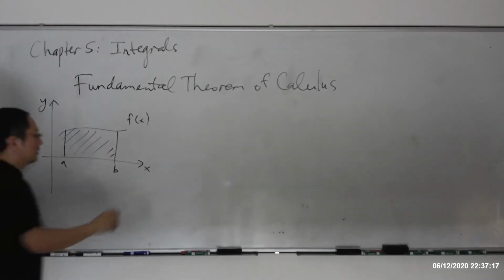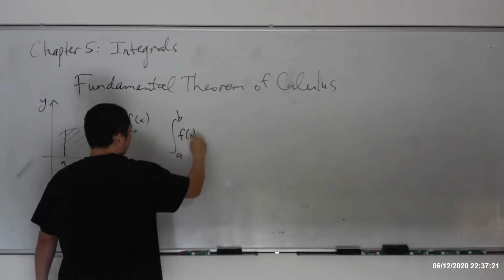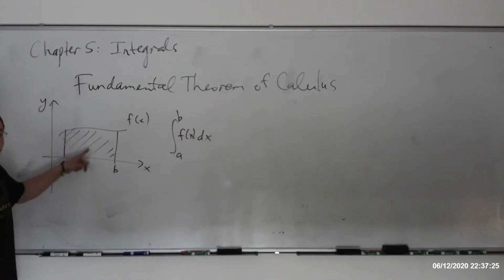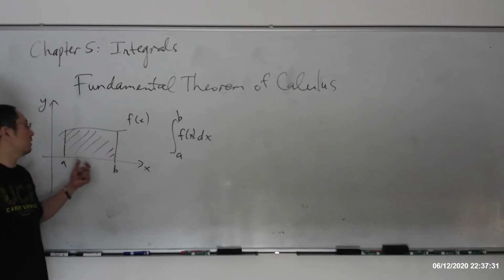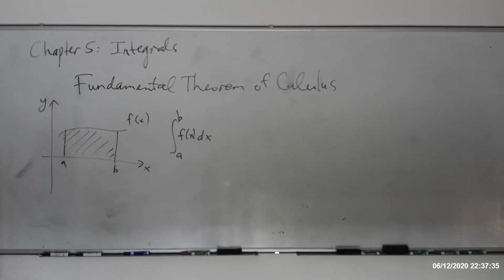This was the integral from a to b of f of x dx. What we learned was what? We're going to chop it up into many, many columns. We approximate the area of each column and we chop it up into infinitely many. In other words, we take the limit of the approximation, then we have the exact answer. That's going to require a lot of work.